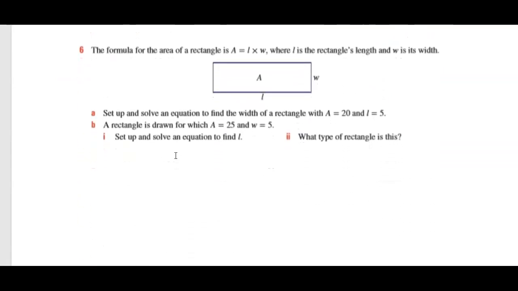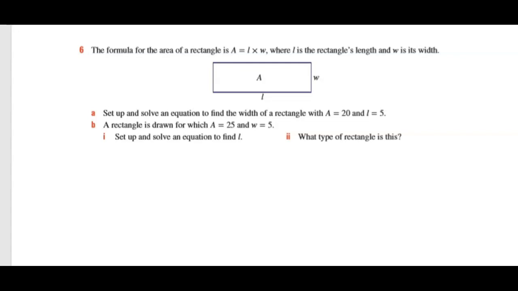So skipping a few of the easier ones to the harder questions in the chapter. So the formula for the area of a rectangle is A equals L times W, so length times width, where L is the rectangle's length and W is its width. Set up and solve an equation.